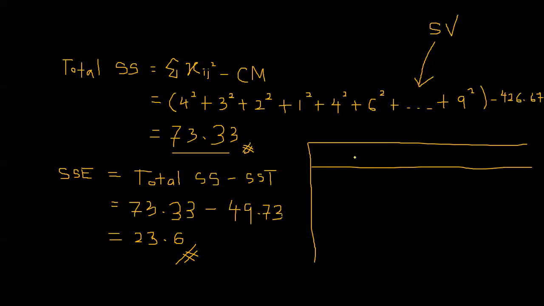Okay, the ANOVA table should have source. If you refer to the lecture notes, you can have the dummy tables for ANOVA. So that must have source, the treatment, error, and total.